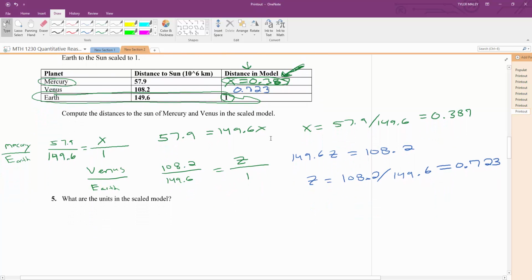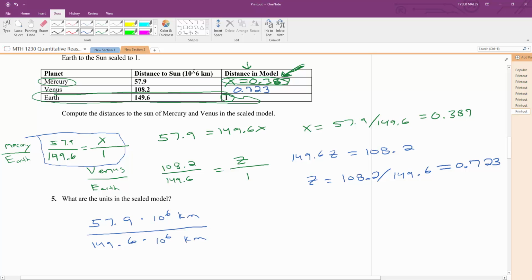The reason why we don't have any units, that is, it's unitless, is because my units cancel out. For example, looking at this proportion, on the left-hand side I have 57.9 times 10 to the 6th kilometers over 149.6 times 10 to the 6 kilometers.